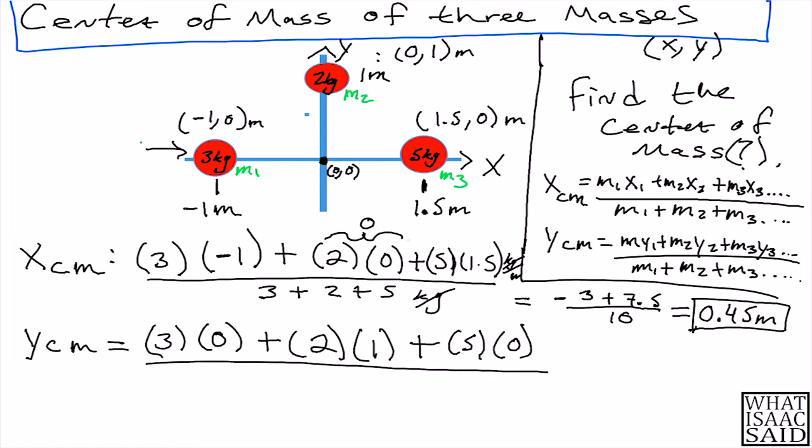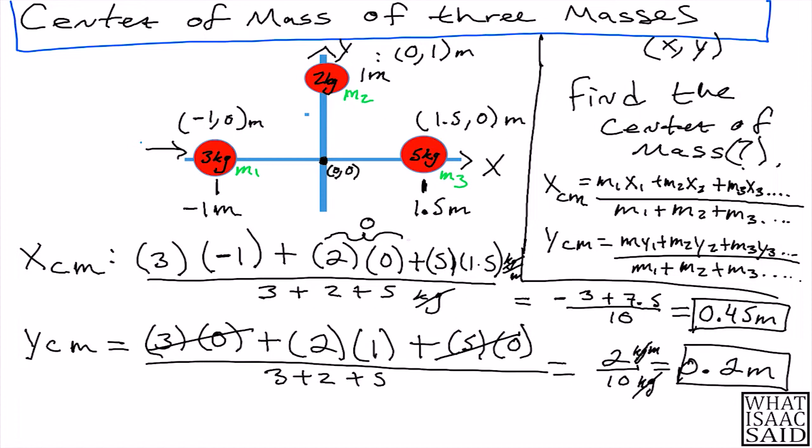All over the masses added, 3 plus 2 plus 5. We know these are going to go to 0. So all we have left is 2 divided by 10, and again the kilograms cancel, so the meters will be left, and we will have 0.2 meters.